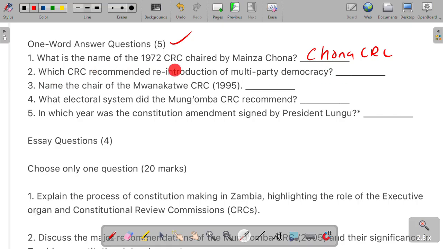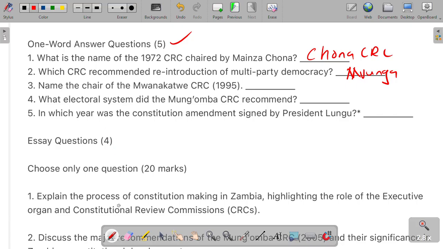All these questions were part of section B, so this was just you picking up the answer and putting it in the right spot. Our correct answer is Mfunga. Continue. 3. Name the chair of the Mwanakatwe CRC of 1995.